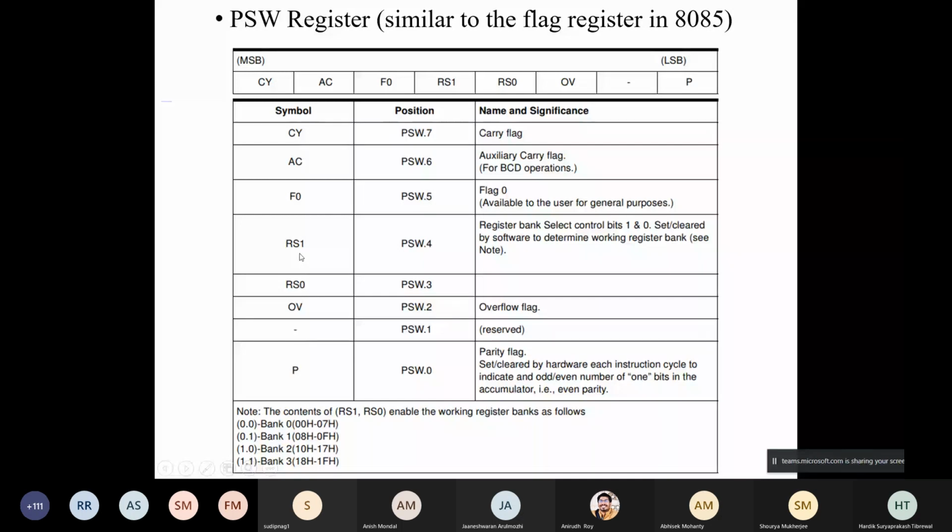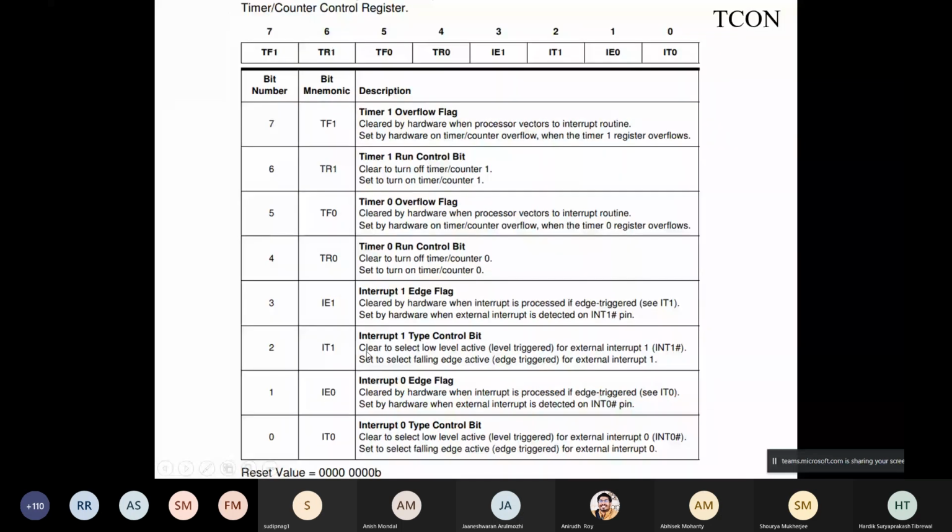Regarding RS1 and RS0, I think there is a note given here. You can see that. It goes as per the explanation that I gave you. Similarly, TCON, TMOD, all these registers have different bits. I'll come to this later because at this point PSW is very basic.